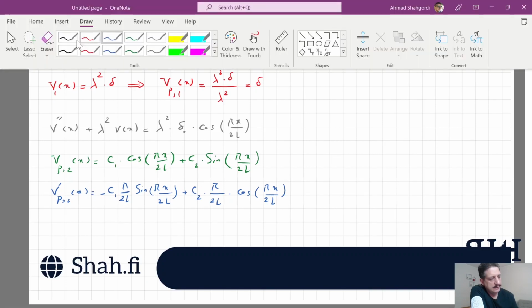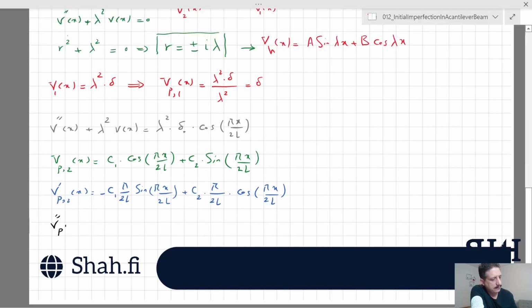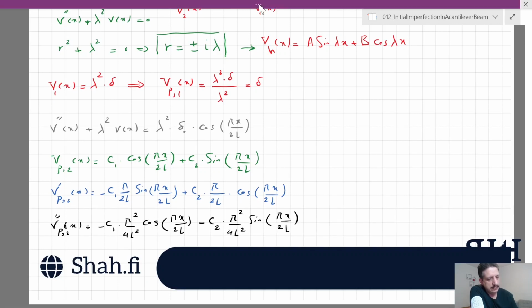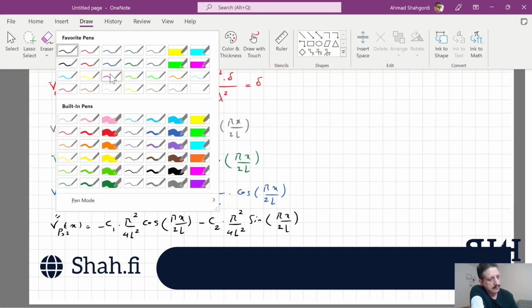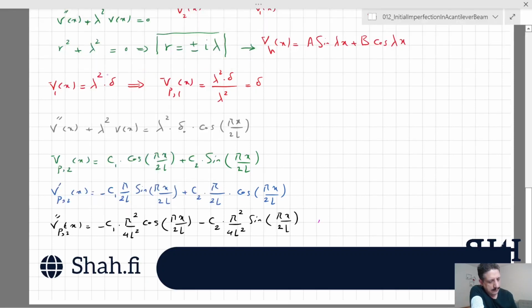And then the second derivative: minus c1 pi square over 4l square cosinus pi x over 2l minus c2 pi square over 4l square sinus pi x over 2l. Now we need to substitute the second derivative of v and the function of v particular solution into the main equation.